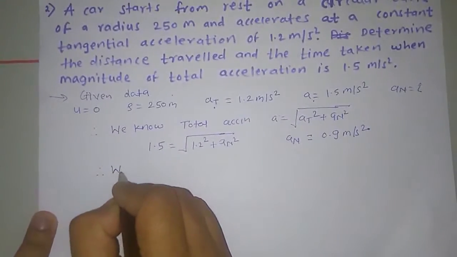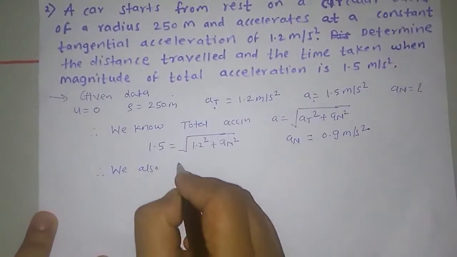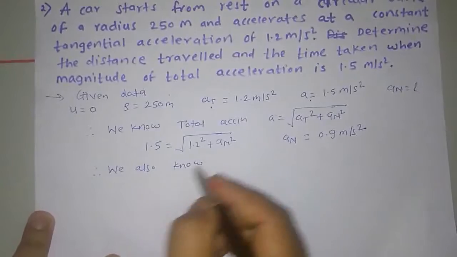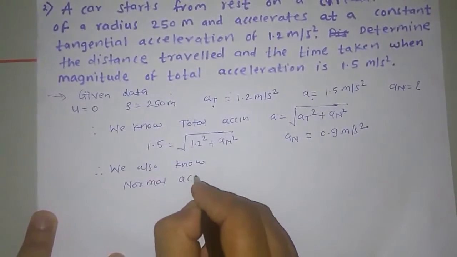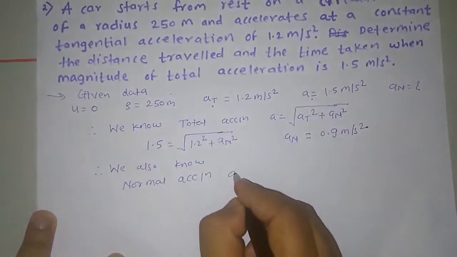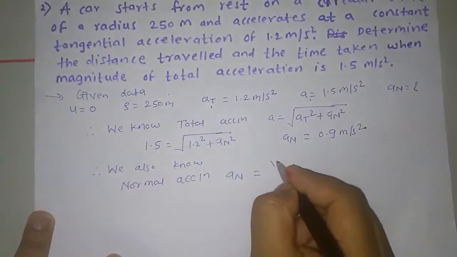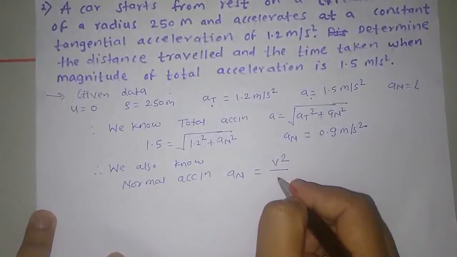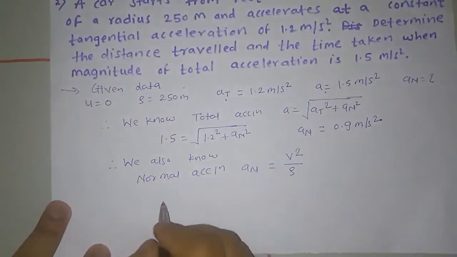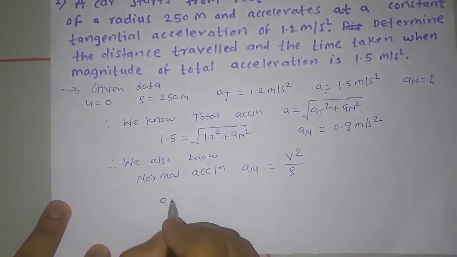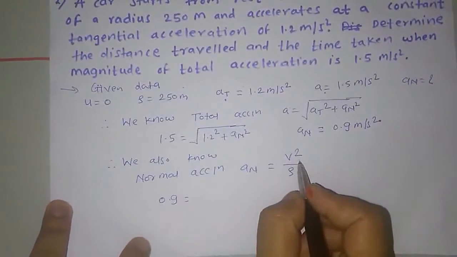We also know normal acceleration, that is AN is equal to, what is the formula? V square by rho. Put the values. AN is 0.9 meter per second square.